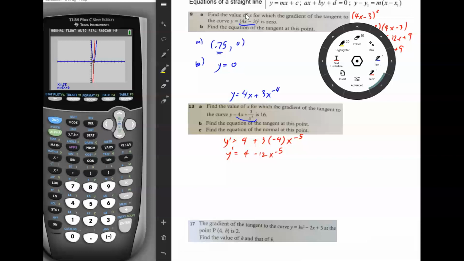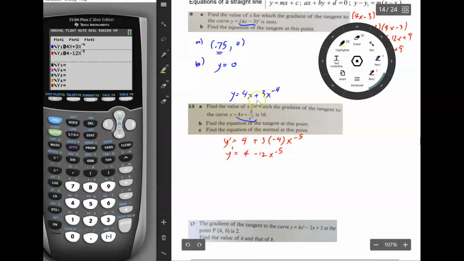Then I'm going to see when this expression is equal to 16. The way I do that is the way we've always been doing it. We're going to go to y equals, and I'm going to put the blue function here and the red function here, and then we're going to check the table, okay? So I'll be right back. So it looks like this is typed in correctly. 4x plus 3x to the negative 4. 4 minus 12x to the negative 5.